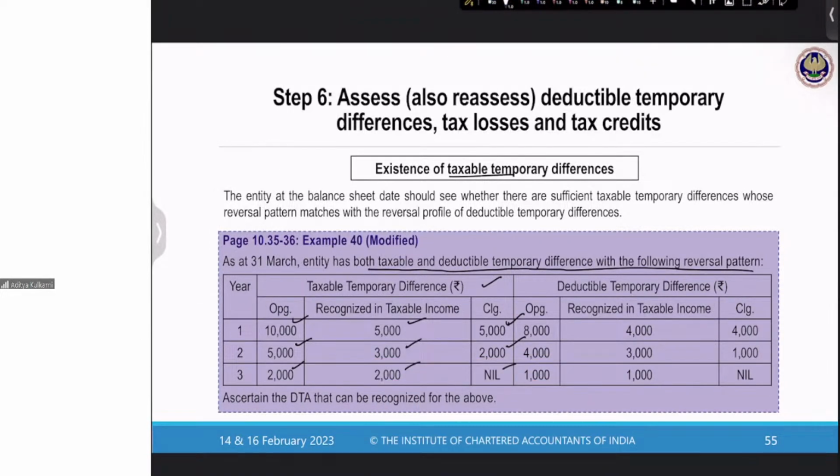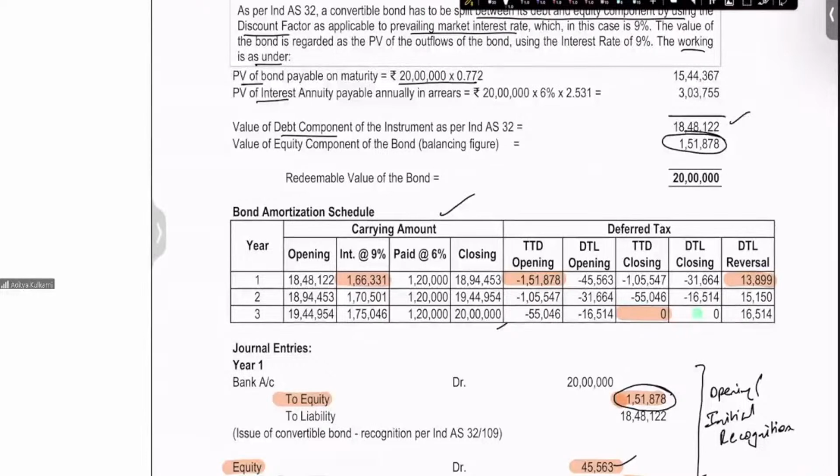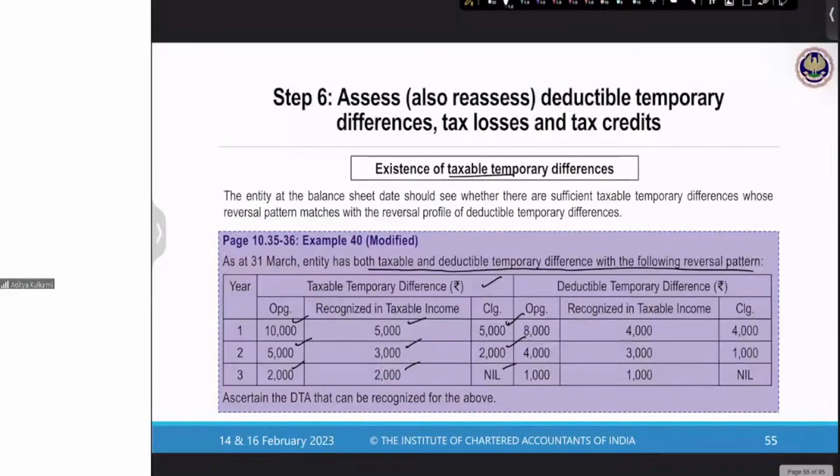See, opening deferred tax liability 45, closing is 31. Opening 31, closing 16. Opening 16, closing 0. So similarly, opening 10, closing 5. That means 5,000 went in taxable income. Opening 5, closing 3, so taxable income 3. So closing is 2.